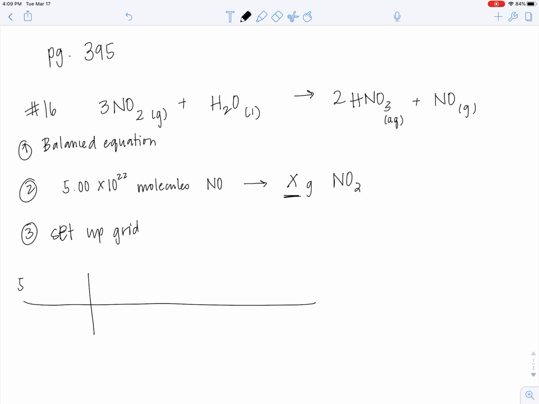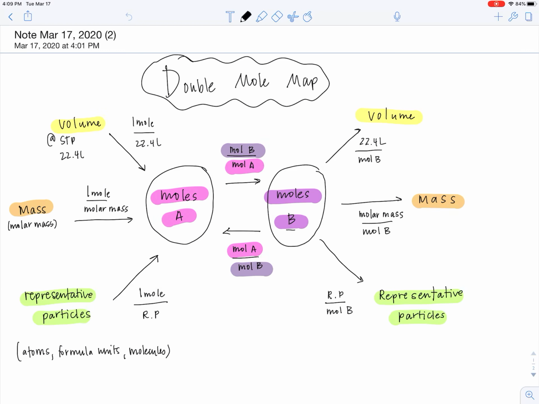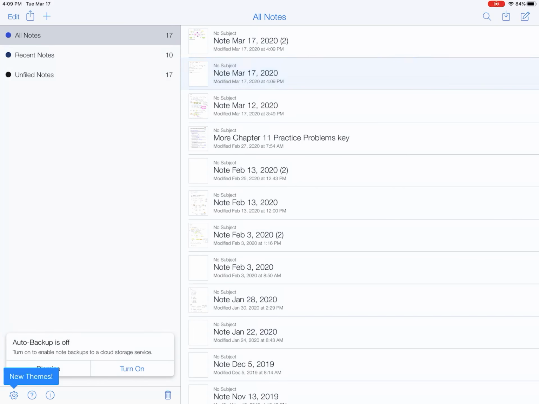So we have 5 times 10 to the 22nd molecules of nitrogen monoxide. And if we look at our double mole map, we start here with representative particles, and we are going to moles of A. So we're going to have 1 mole over our representative particles.